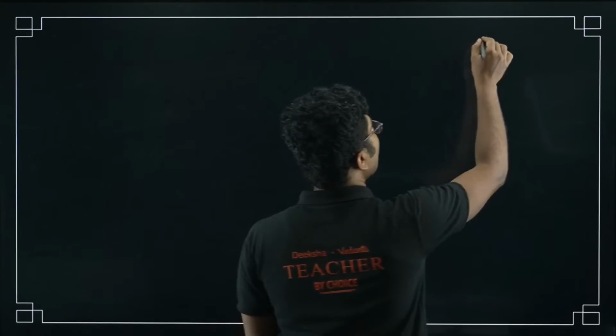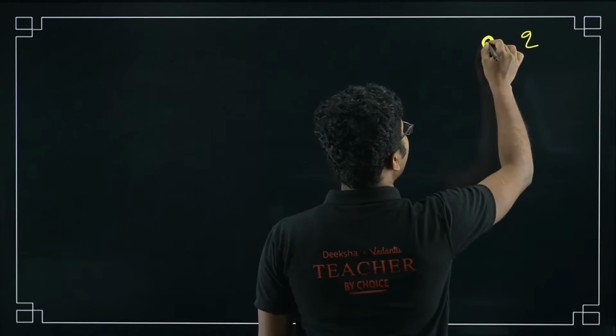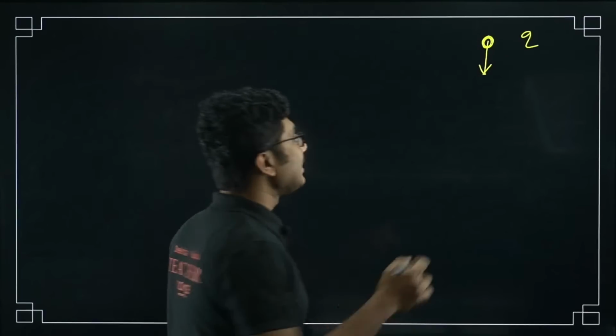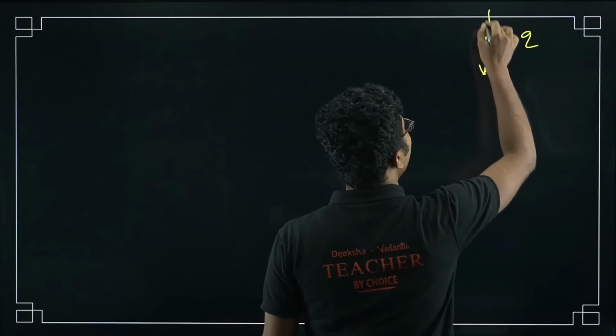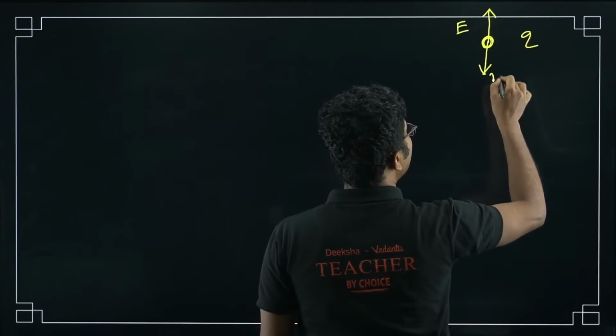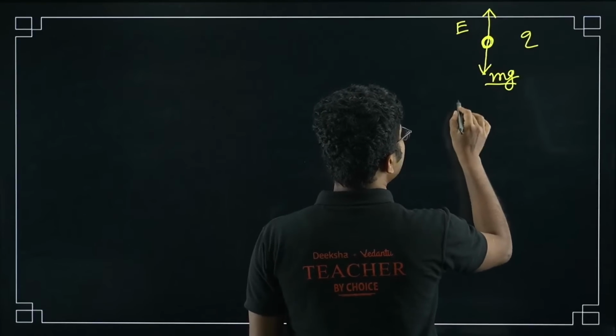Let's see the physics behind the question. We have a charge Q, and initially the entire thing was balanced by some electric field. Basically, the electric field was balancing the weight of the object.